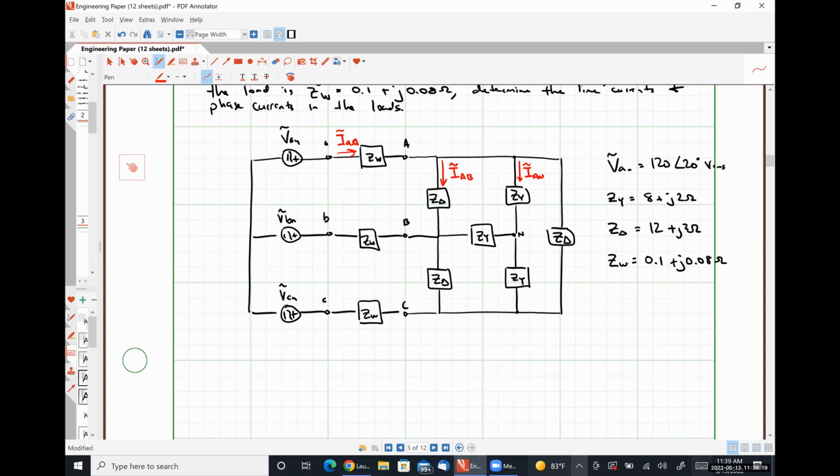All right. So let's think about things here real quick. What is going to keep us from using a single phase equivalent circuit here?